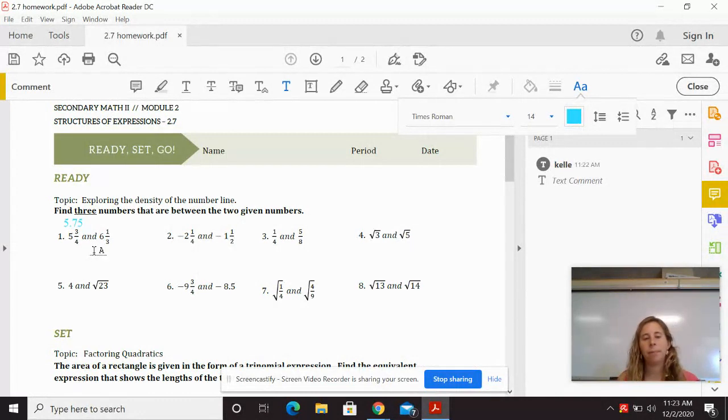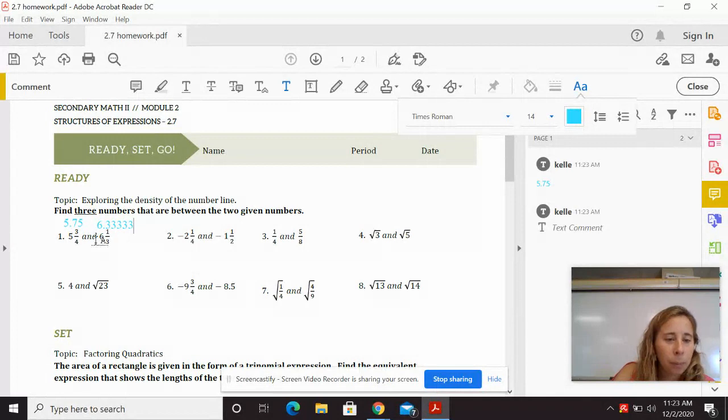That's like you have 3 out of 4 quarters. So 3/4 is 75 cents, so 5.75. All right, and then 6 1/3 as a decimal is 6.333, with the 3 repeating forever.